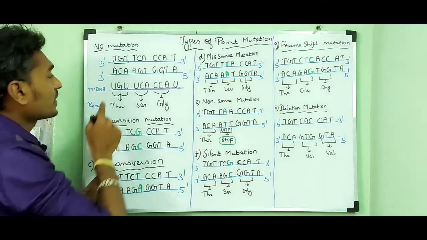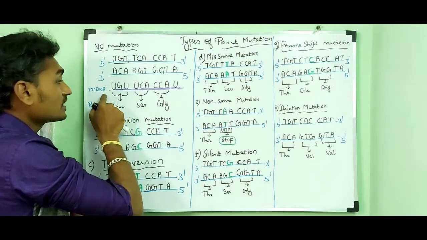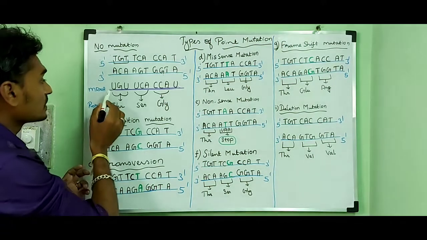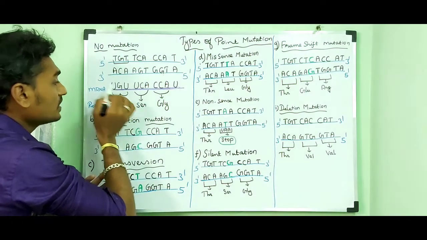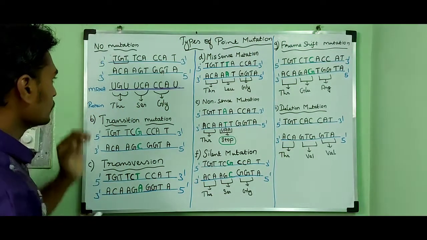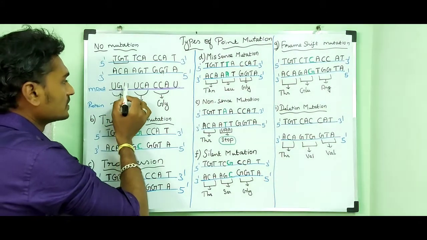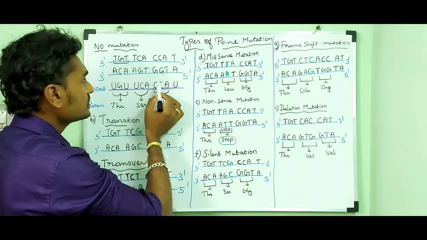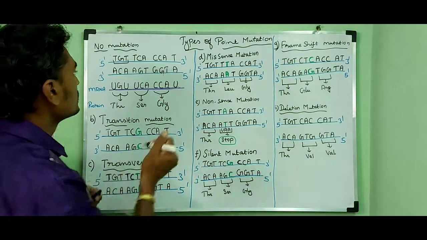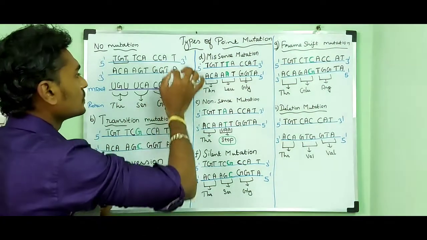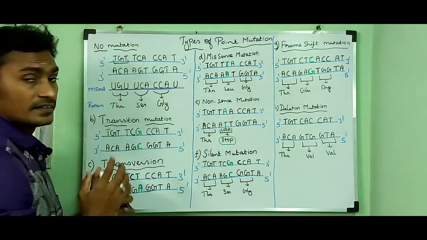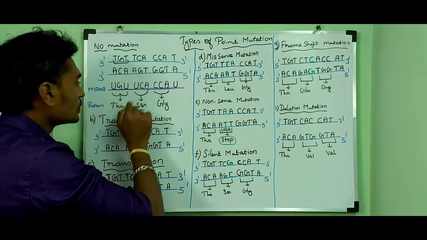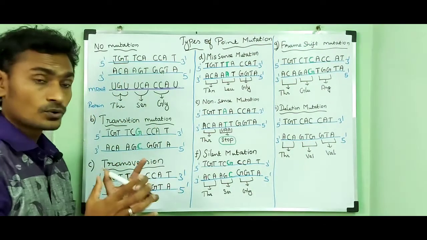Here you can find the capital T. Since it is an RNA, the thymine is replaced by uracil, so here you can find capital U. So U, G, U, then U, C, A, then C, C, A. This coding strand is transcribed into an mRNA which contains the triplet codons UGU, UCA, CCA, and it codes for the protein.